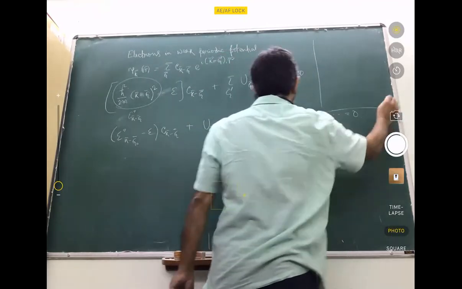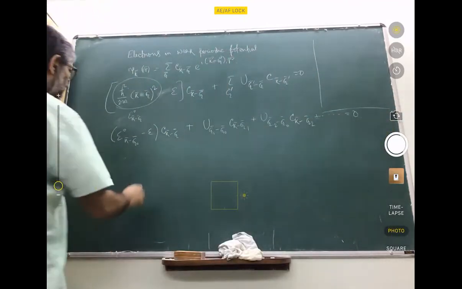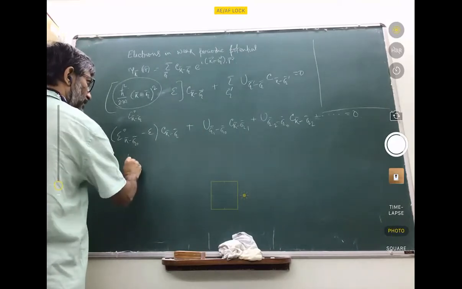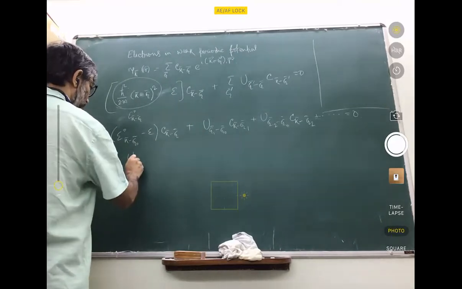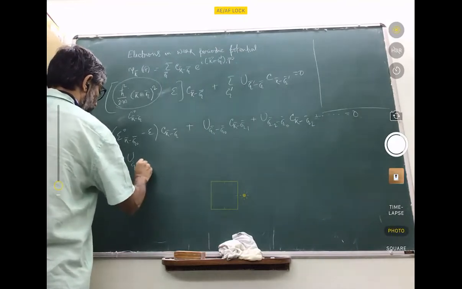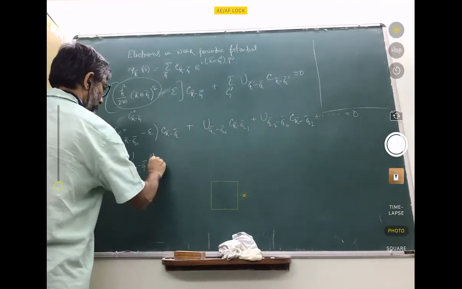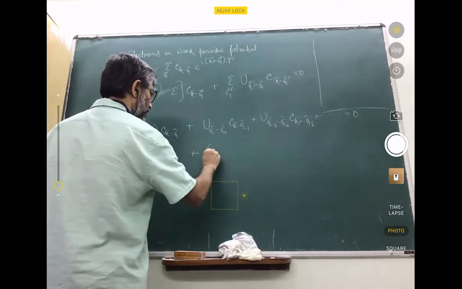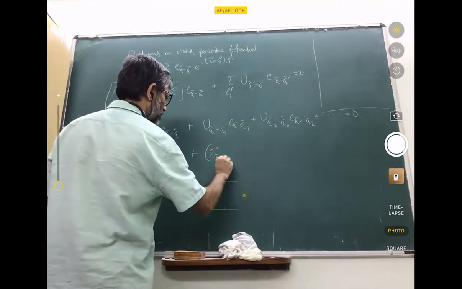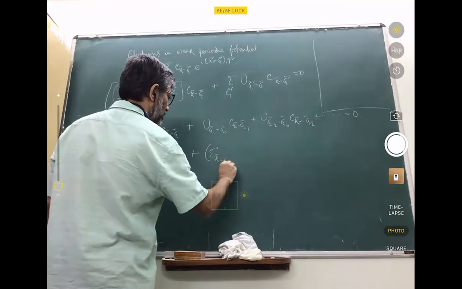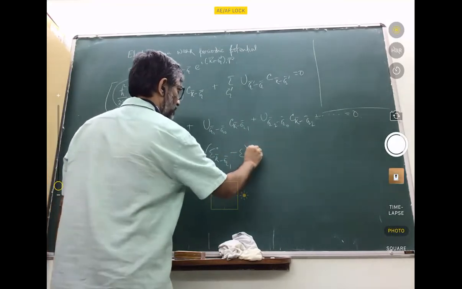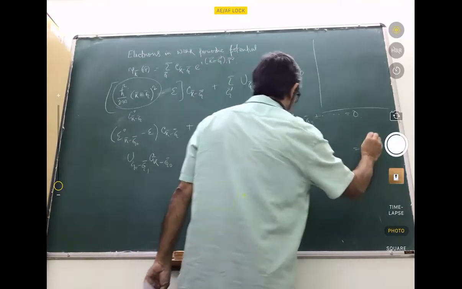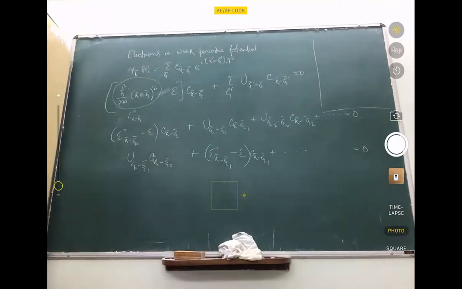That is the equation. I can write a similar equation for G1, for example. Then I'll have here G naught minus G1, and here I'll have epsilon naught of k minus G1, and so on. So these are the equations that I have.